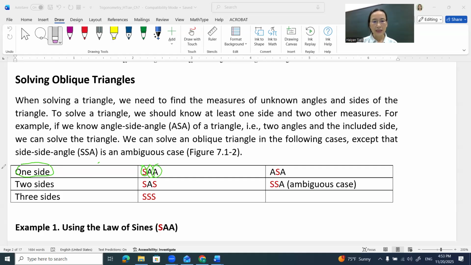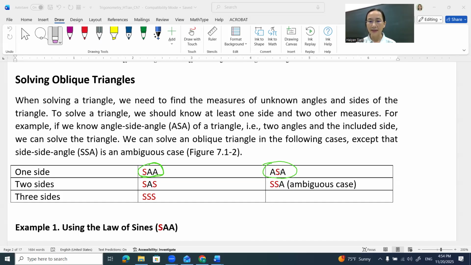Here I use the red color to indicate the side we know, and the capital A's are the angles we know. If we know one side and two angles, side, angle, angle, we can solve the triangle, that means we can solve for the unknown angle and the two other sides. Or possibly we can solve a different case.